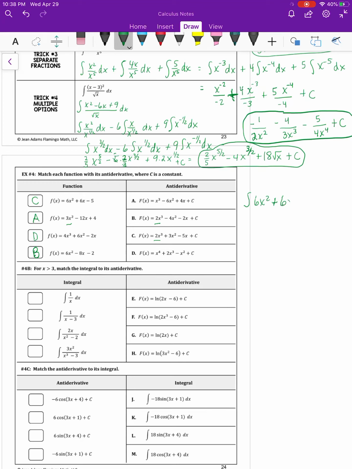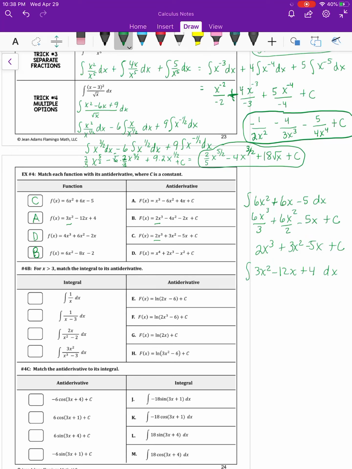That didn't help you practice how to take the antiderivative, so if you wanted to get some more practice in here, you took your derivative function and integrated it. This would be 6x to the 2 plus 1 divided by 2 plus 1, plus 6x to the 1 plus 1 divided by 1 plus 1, minus 5x plus c. And so that simplifies to 2x cubed plus 3x squared minus 5x plus c.